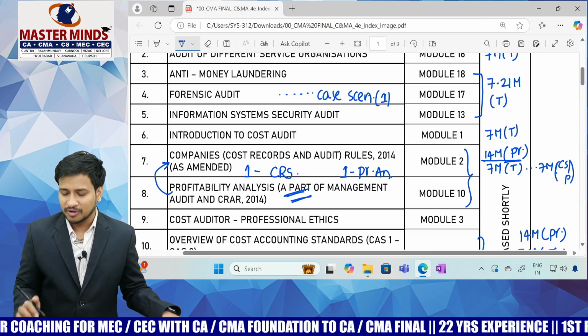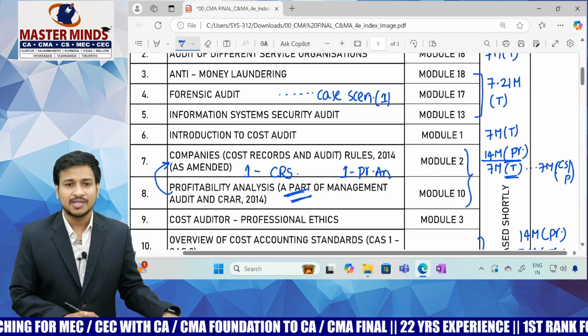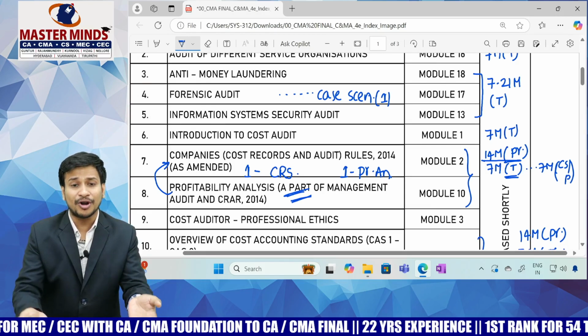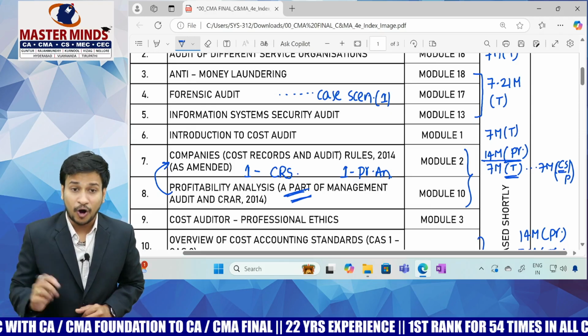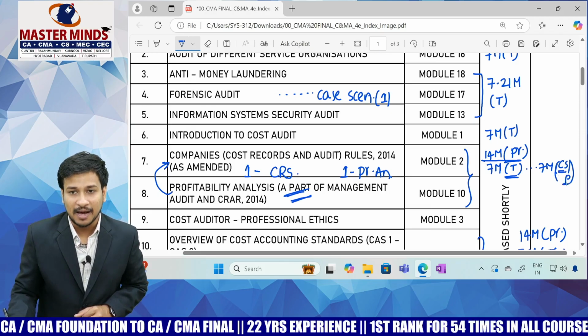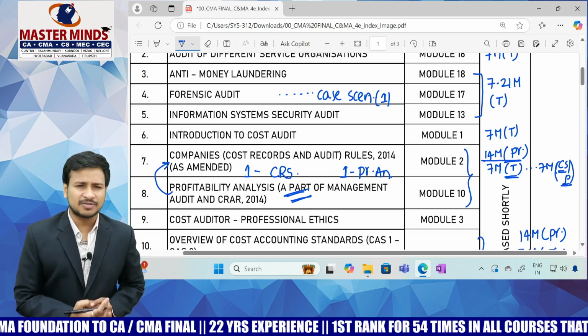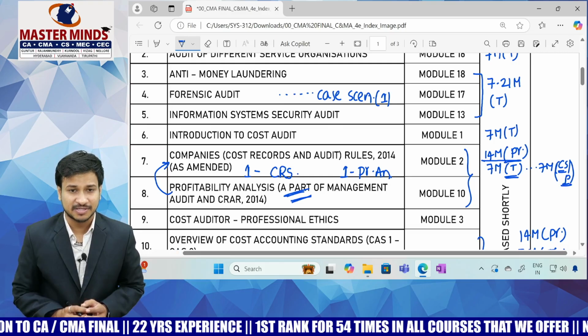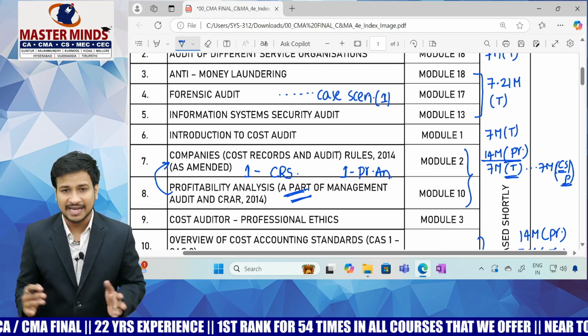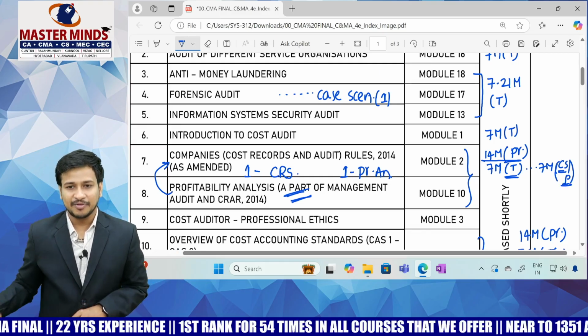If your luck is more, you will get a 7 marks theory question. If your luck is favoring still more, you can get a 7 marks case scenario based question or a problem. Case scenario based questions, hope you know that we have covered many questions like rule number 3 and rule number 4 especially. You're going to get from that aspect. And moving on to the next one.